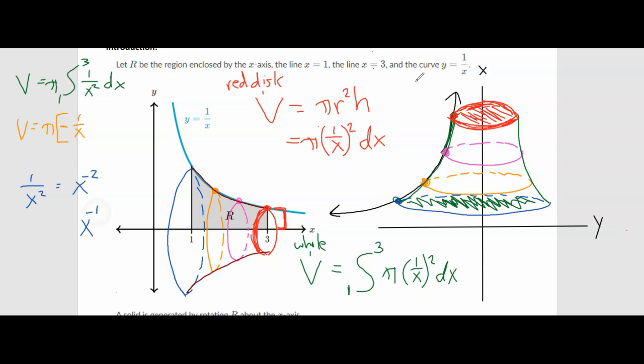So x to the power of negative 1 and divide by the new exponent. So divide by negative 1. These two are not equal to each other because I'm taking the antiderivative. But this would be equal to negative 1 over x. Okay, let's keep going though.